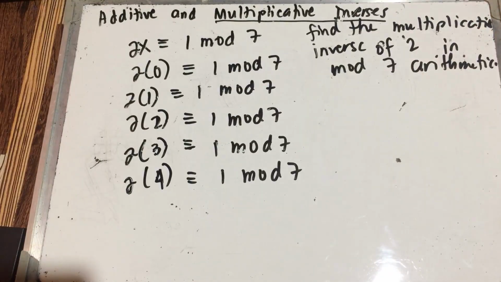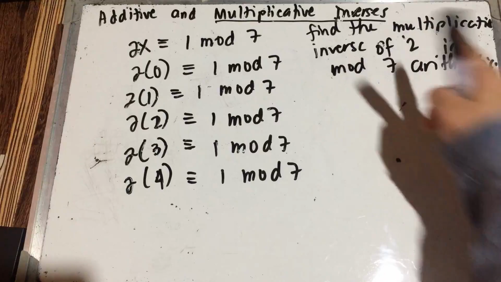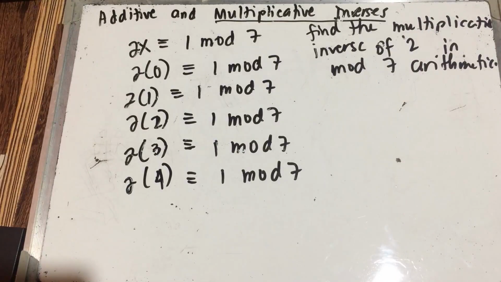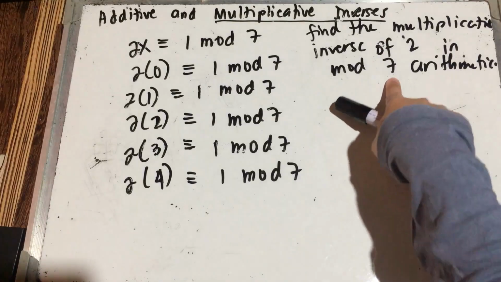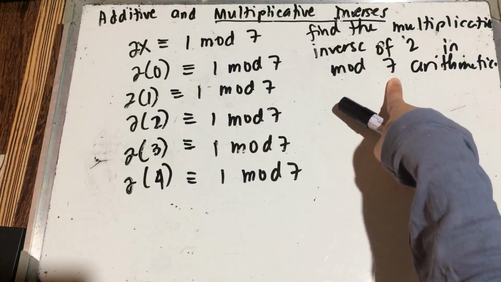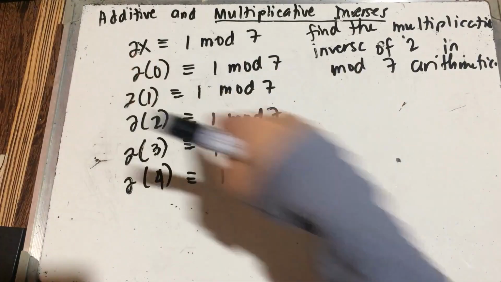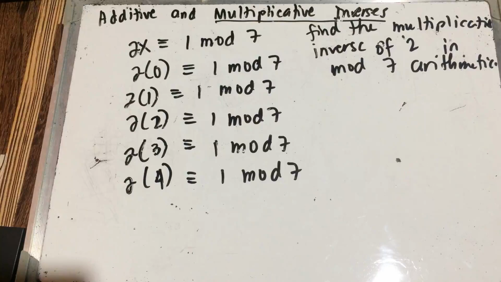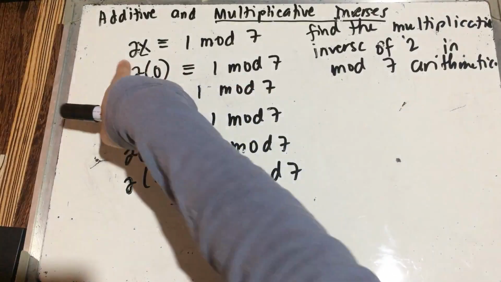This means we are looking for the inverse of 2, so the product, 2 multiplied by x, is congruent to 1 modulo 7. The value of n, or the modulus, is 7. If we translate it, we have the given congruence 2x is congruent to 1 modulo 7. The value of x is what we are looking for, the inverse of 2.